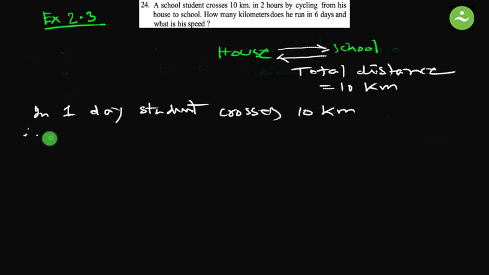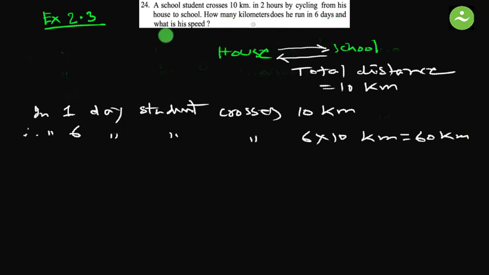Therefore, in 6 days, we have to find out kilometers in 6 days. In 6 days, student cross 6 multiply 10 kilometers equals to 60 kilometers.